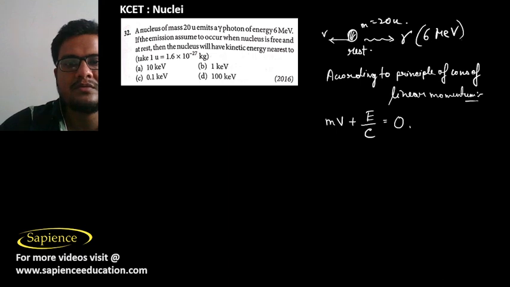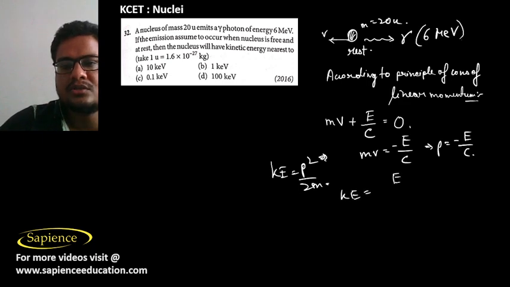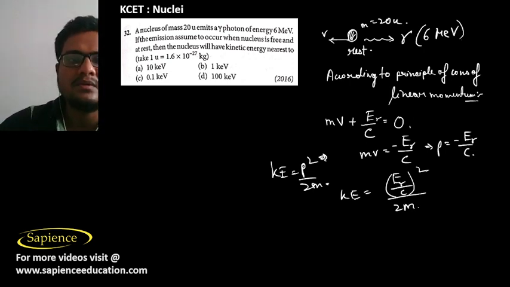So mv, that is P, is equal to minus of E by C. Now kinetic energy is equal to P square by 2m, so kinetic energy will be equal to the energy of the gamma photon divided by C whole square, divided by 2 times the mass.